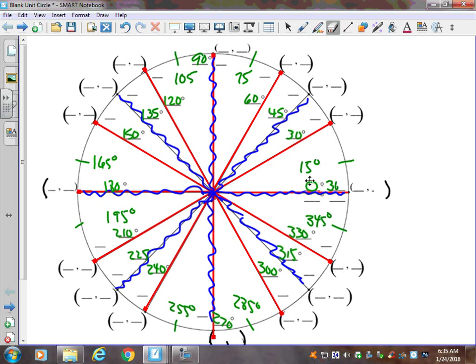Oh, I wrote that in the wrong place. 360 degrees. And how I knew I wrote that in the wrong place is I see the degree mark now is under one of my lines.